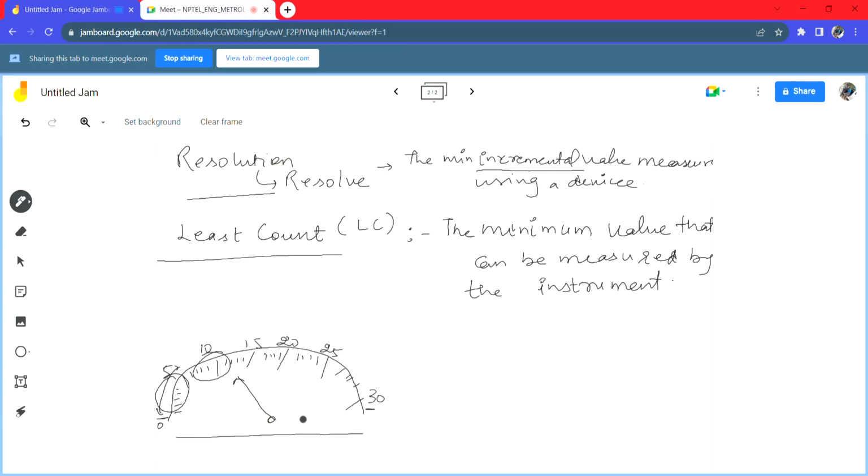Okay, so if this is the scale range and the sub ranges are then 1, 2, 3, 4, 6, 7, 8, 9, 10, after 10, 11, 12, 13, 14, 16, 17, 18, 19, and so on and so forth.